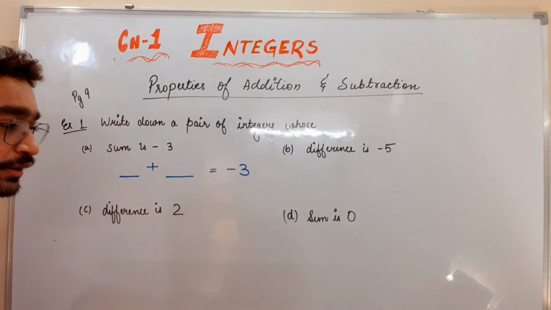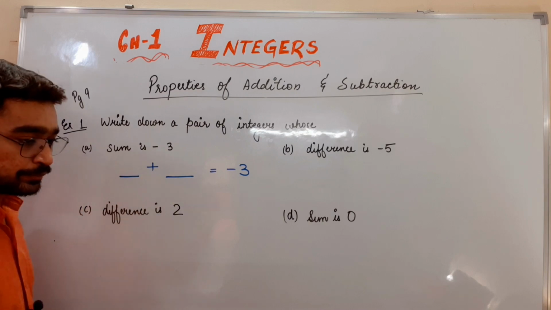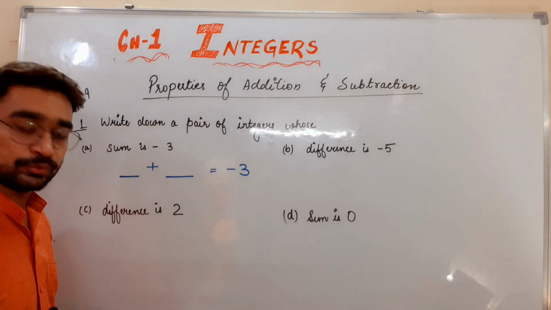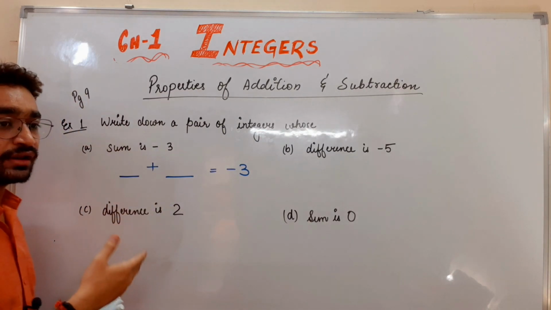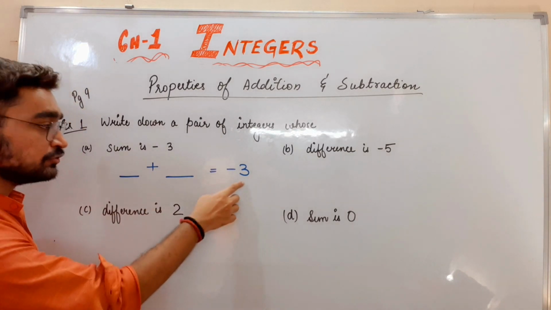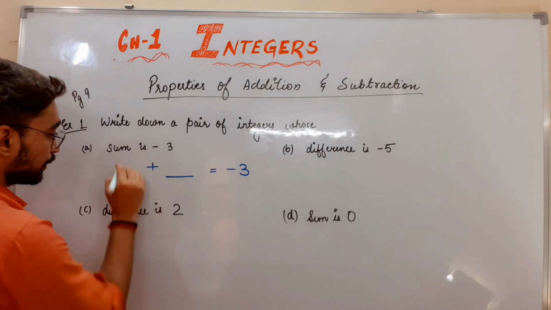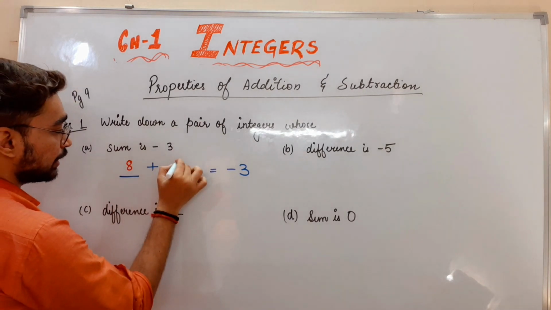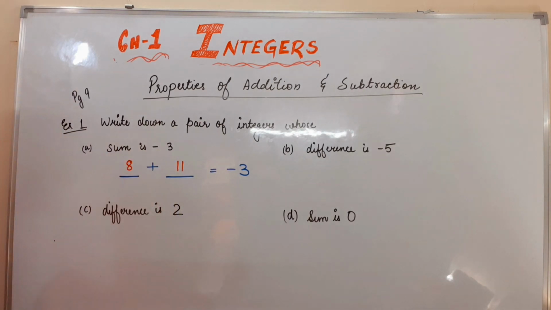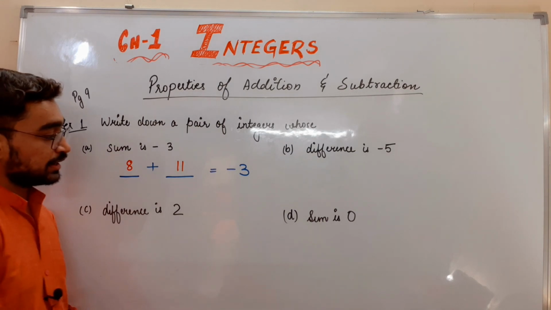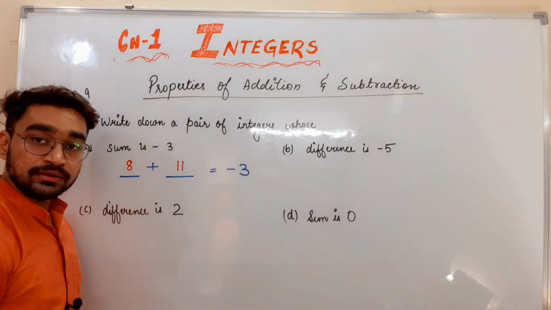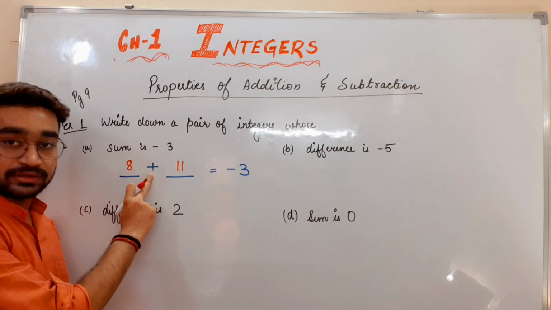For example, you can consider 8 and 11, or 5 and 2, or 9 and 12, whose difference should be 3. So I can take 8 and 11. But what I need to do is that here the symbol is positive, right?